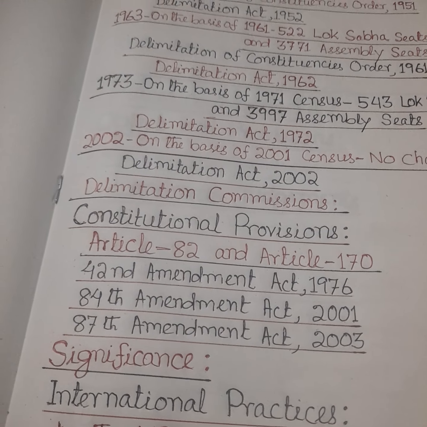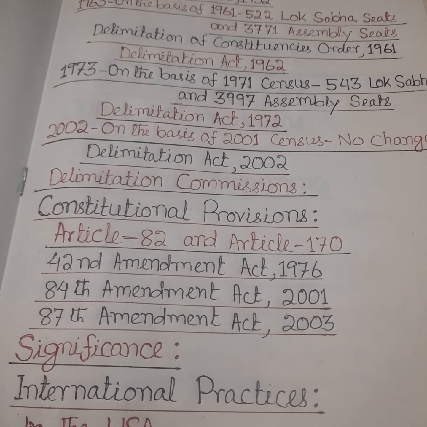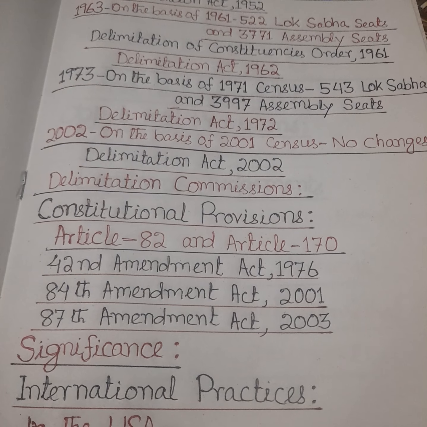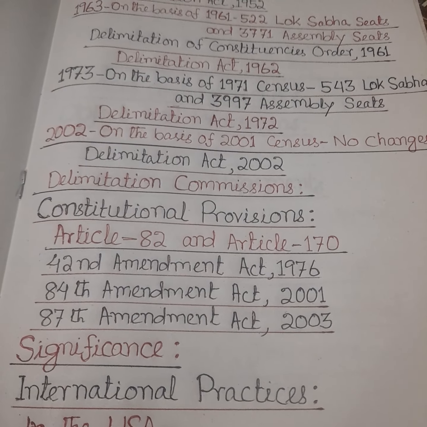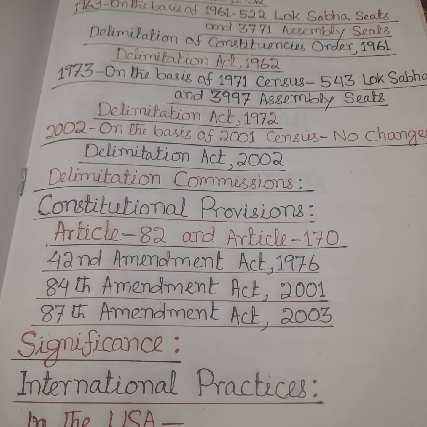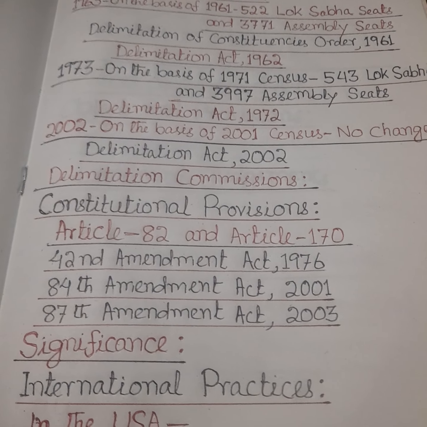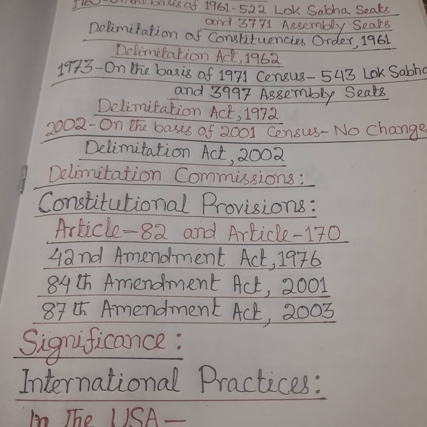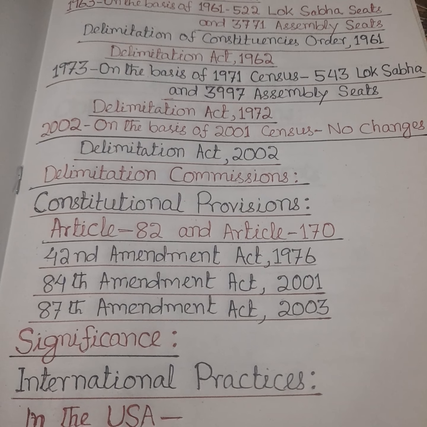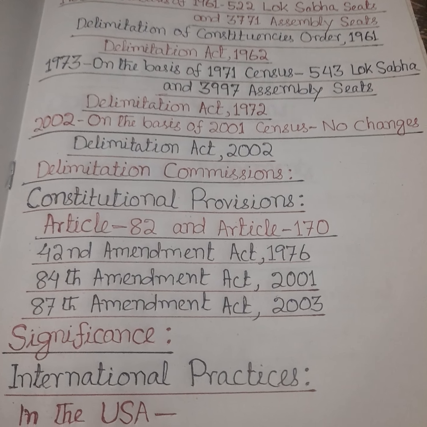Subsequently the second delimitation process was started in 1963 on the basis of the 1961 census, and as recommended by the Delimitation Commission, the Lok Sabha seats were increased to 522 and the assembly seats were increased to 3,771 seats.